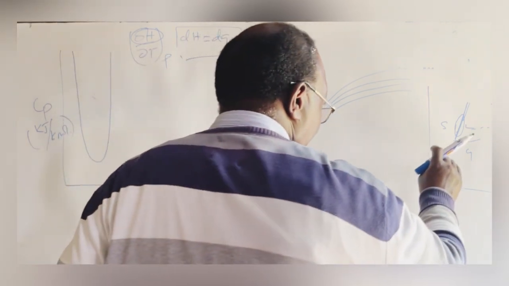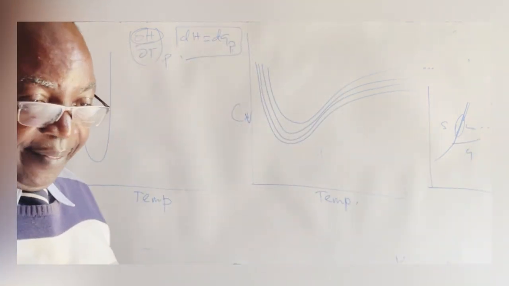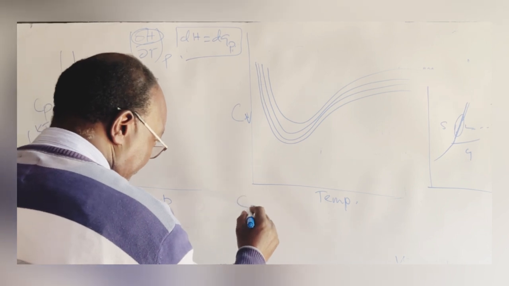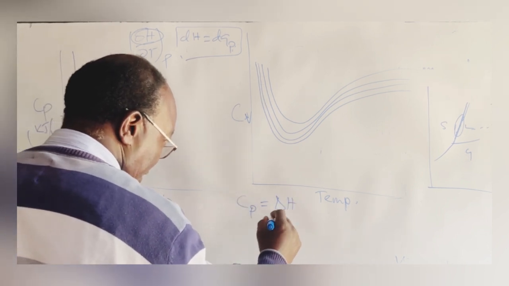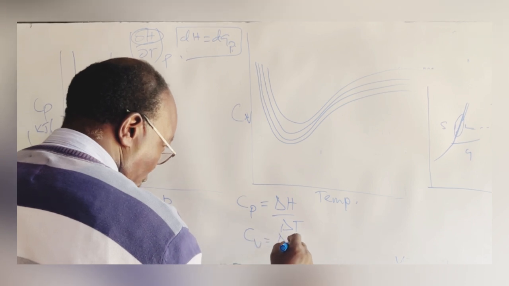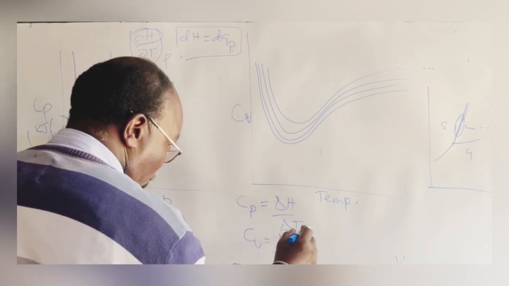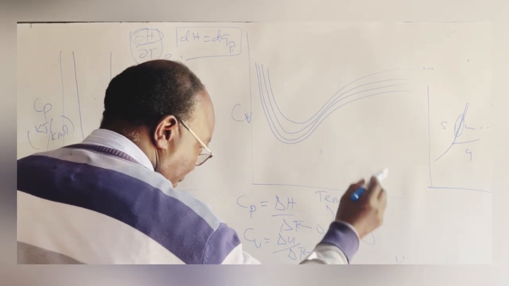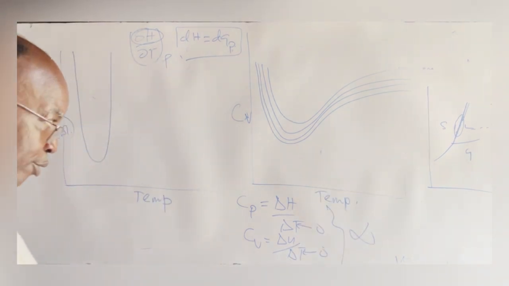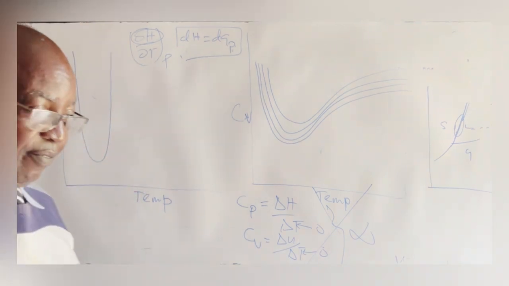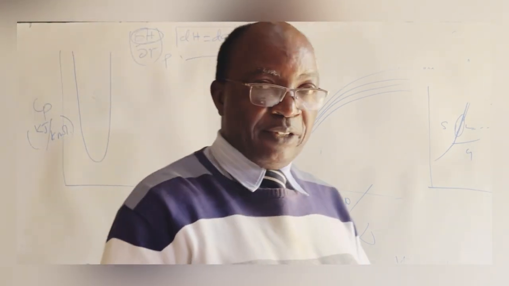Because if you delve into the region where there is a phase transition, and you're talking of Cp, which is basically delta H over delta T, or Cv, which is delta U over delta T, then the temperature change is zero, so those will be infinite values. And you don't want that. So you want to confine yourself to the single phase region.